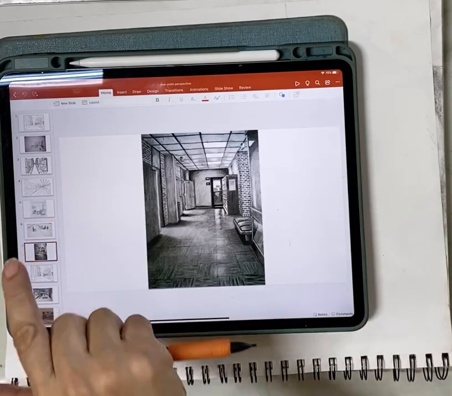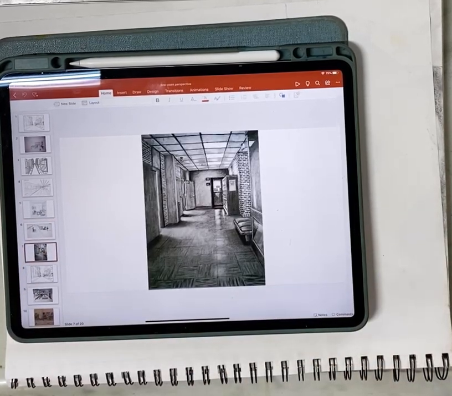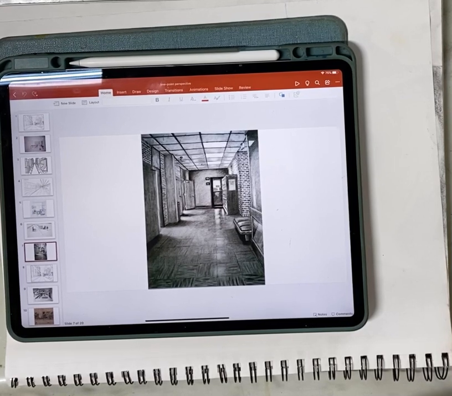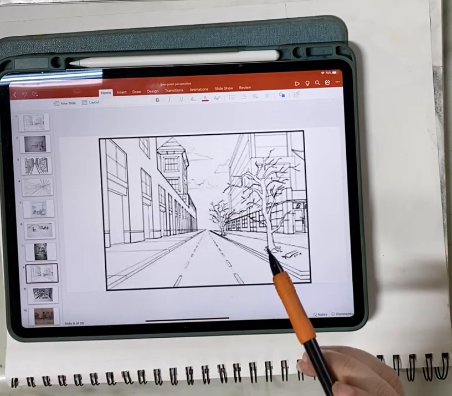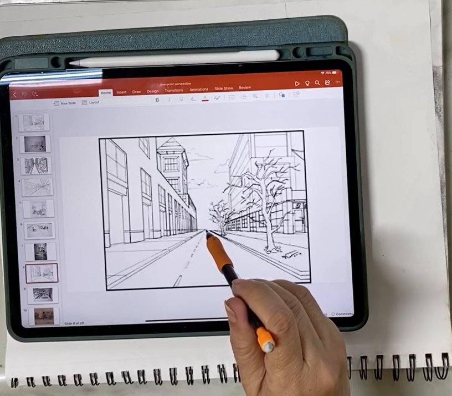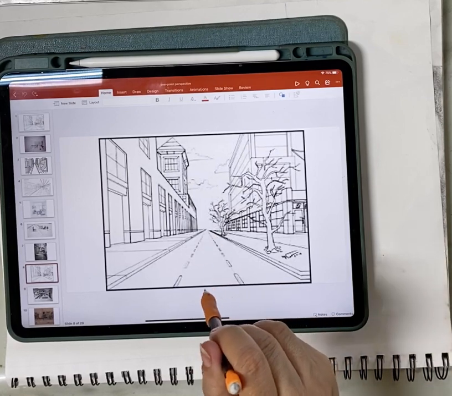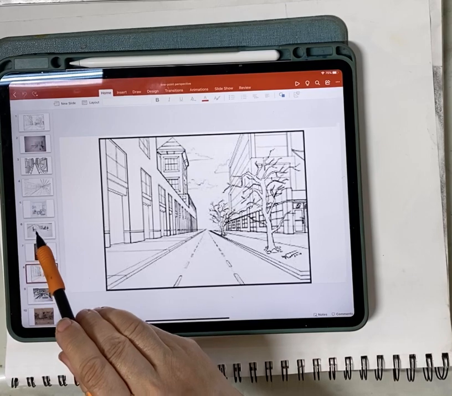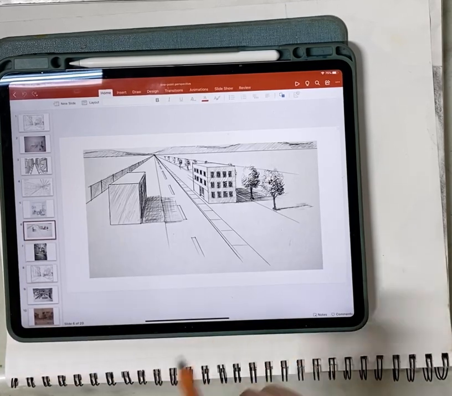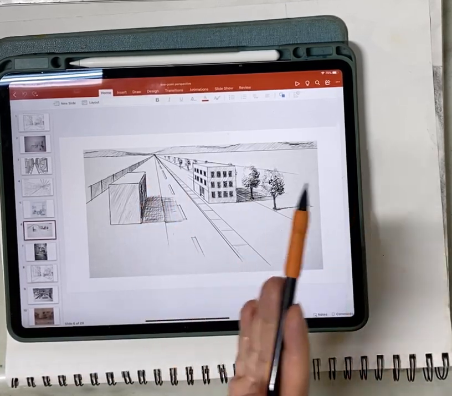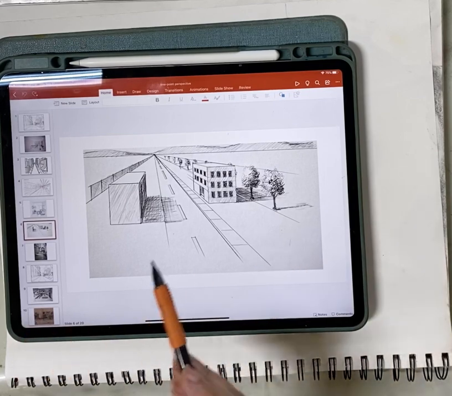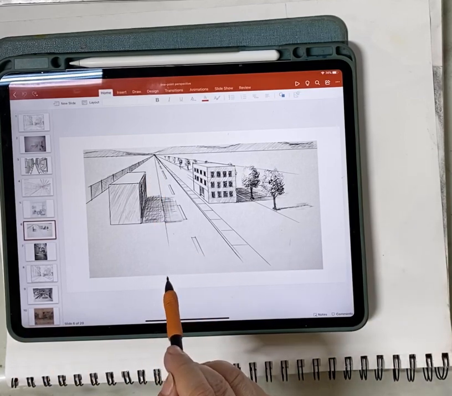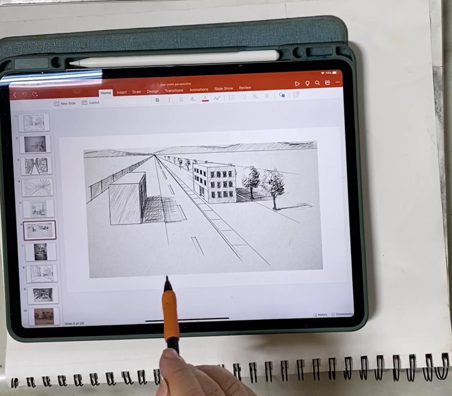And how can you find the vanishing point? The vanishing point is on the horizon line, and it is exactly across from your eyes. Then if this is the vanishing point, the artist has to sit here. If we are looking at this one, where the vanishing point is not in the center but on the left side, then the artist was sitting somewhere here.